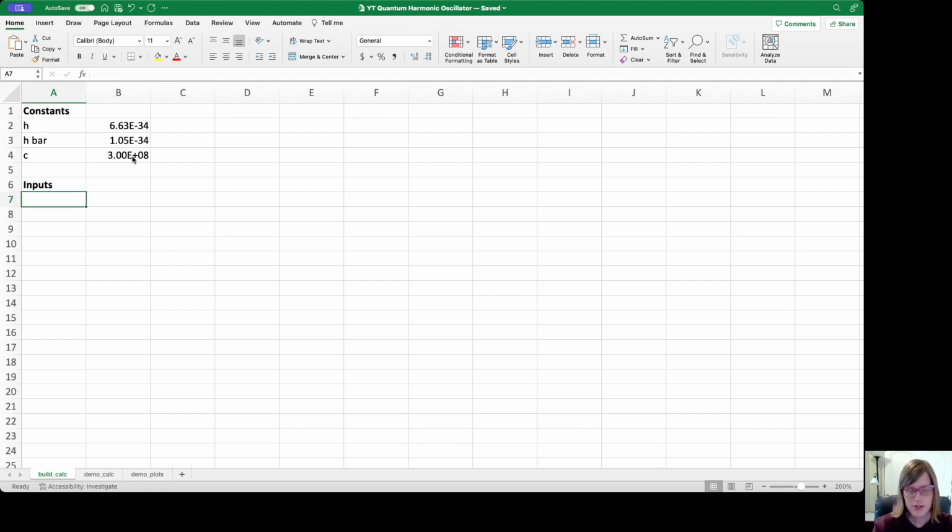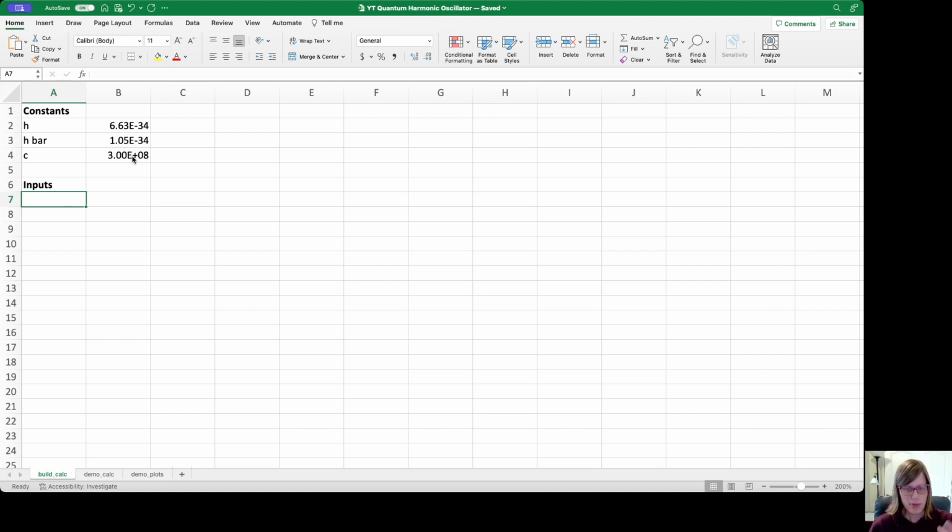Since we're going to be using reduced mass, we're going to have inputs for 2 masses, mass 1 and mass 2. I'm going to assume that this is a hydrogen chloride molecule in the gas phase. So not HCl acid, which is dissociated, but HCl, the molecule, which is connected with a bond.